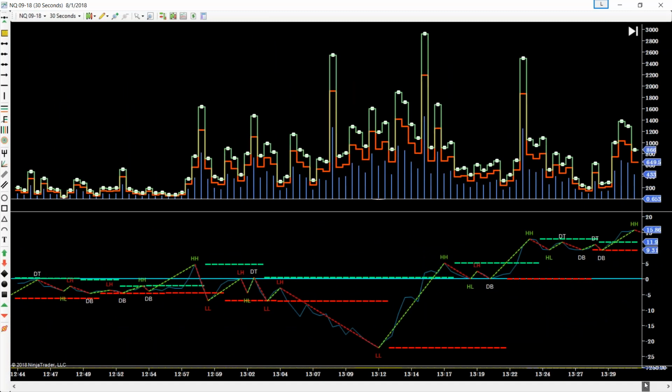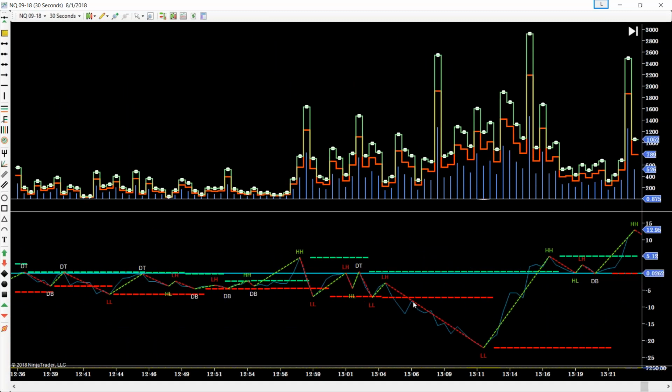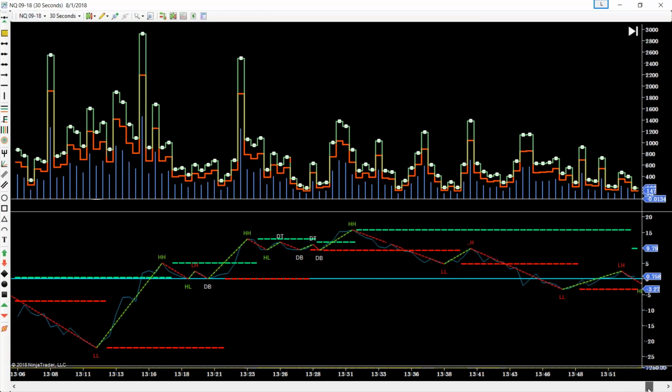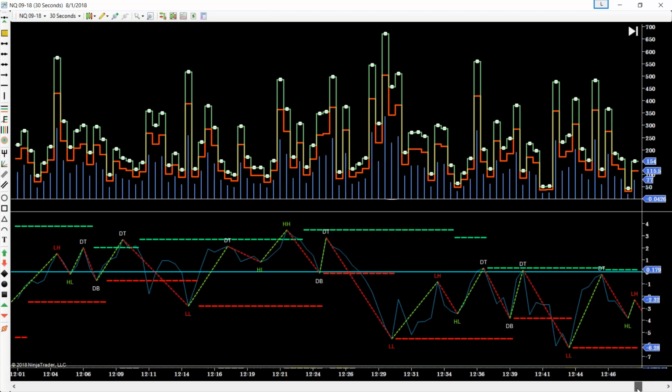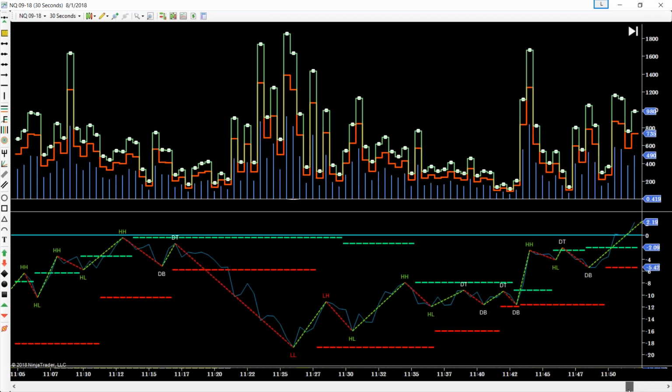And then running momentum on the SI swings indicator, shark indicator, swings indicator.